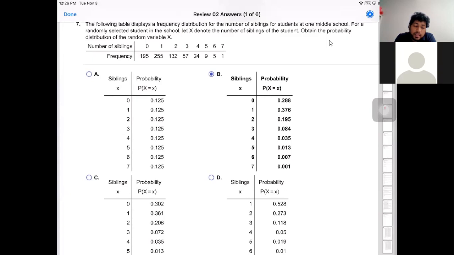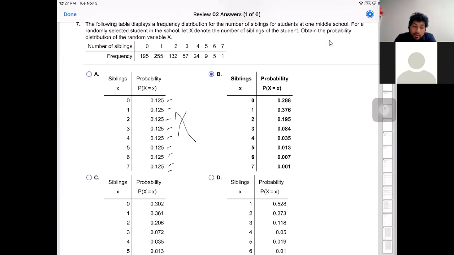For number of siblings 0 it is 195, number of siblings 1, frequency is 255. They are different, so those probability values cannot be equal like this. Clear? So you can simply remove this first answer.